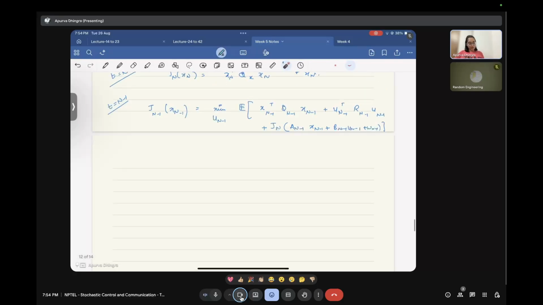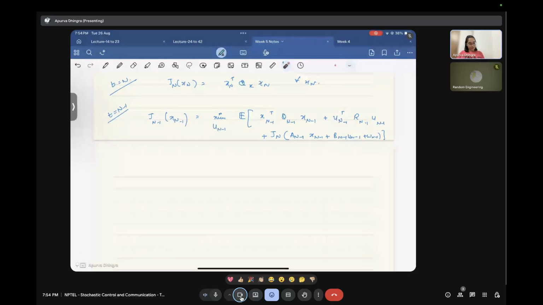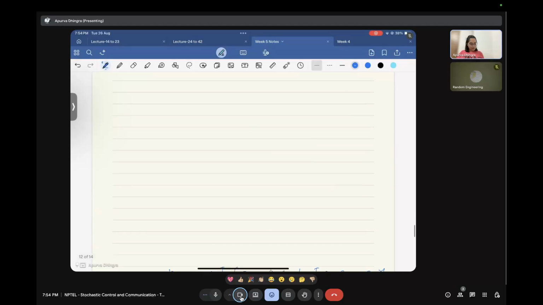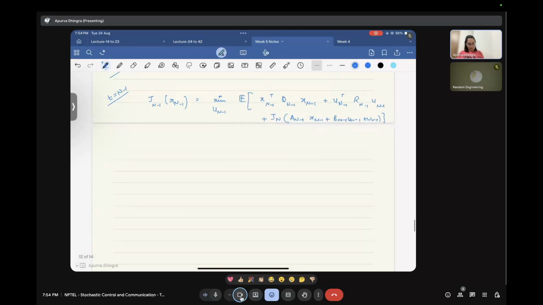and you try to actually optimize it, meaning to find the minima of this quantity, you take the derivative with respect to u n minus 1 and equate whatever gradient you get to 0 and simplify that. After you simplify, as in after you've optimized this already, you would get some u n minus 1 star, which would be something that is linear in x.